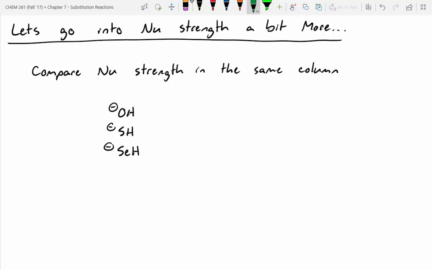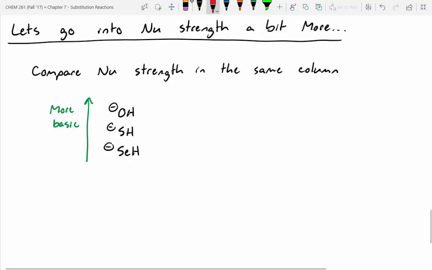More basic as we go up, right? Why is it more stable as we go down? Yeah, we've got a negative charge over a really big atom, right? So if we think about it, we know that it's more basic as we go up a column.